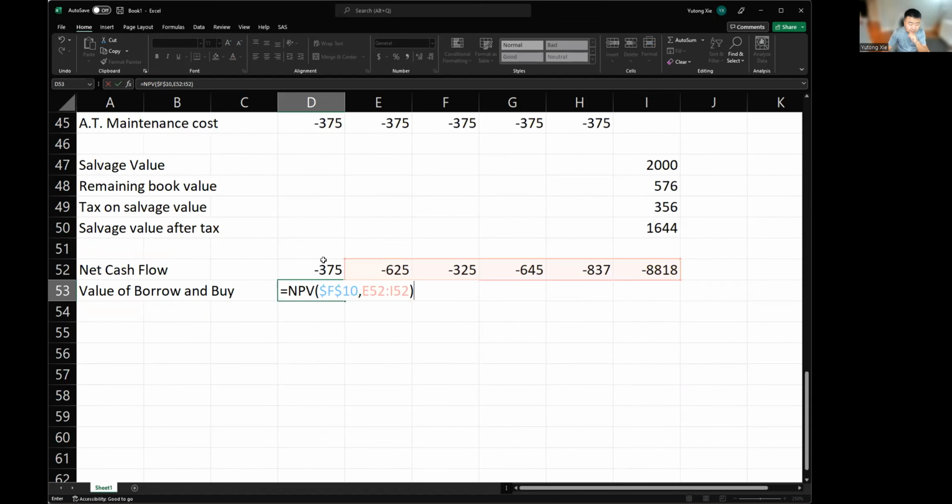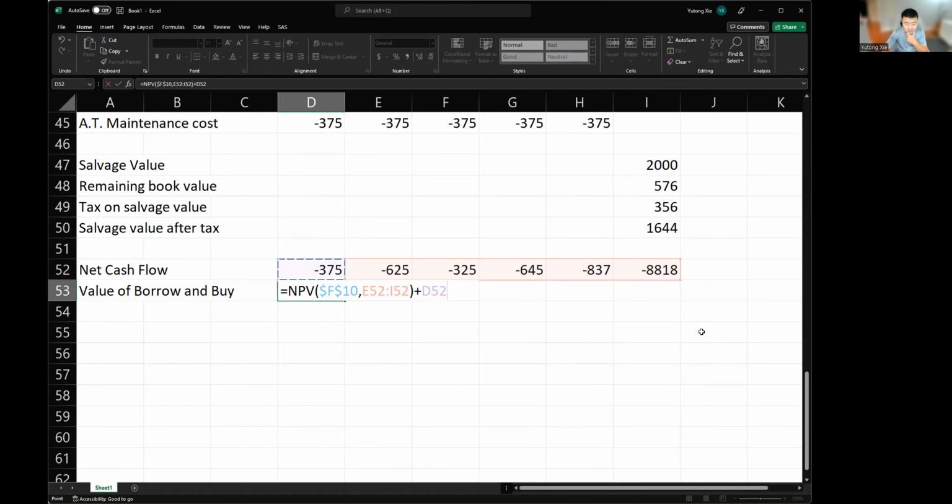We don't select anything in year 0 because the NPV function will automatically discount the first cash flow for a year, the second cash flow for 2 years. So if I include the first one, it's actually going to discount this 375. So I don't want to include the first one. Instead, I just add this one, so that the first number is not discounted and the others are discounted by the correct number of years.